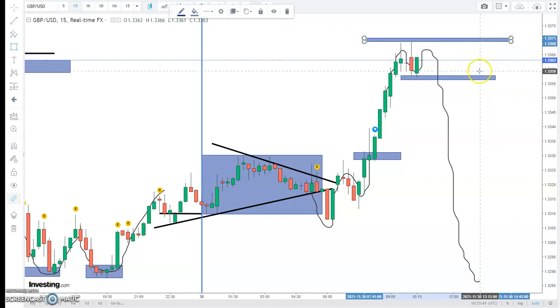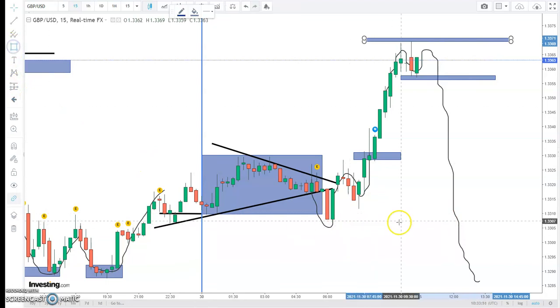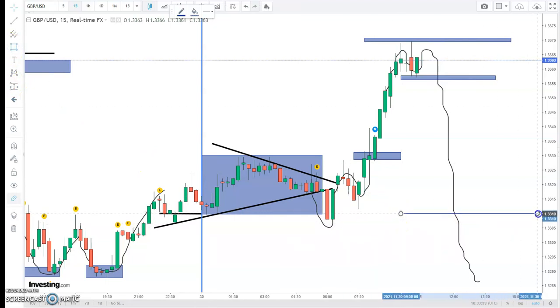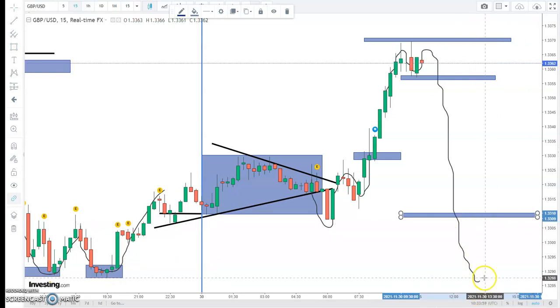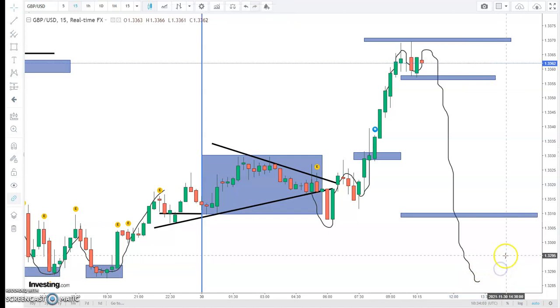So the stop loss would be here, your entry would be over here, and put your TP around there, because price has to come all the way down. But we'll wait for the W, or the double bottom, to happen at the bottom, and then we would close the trade.